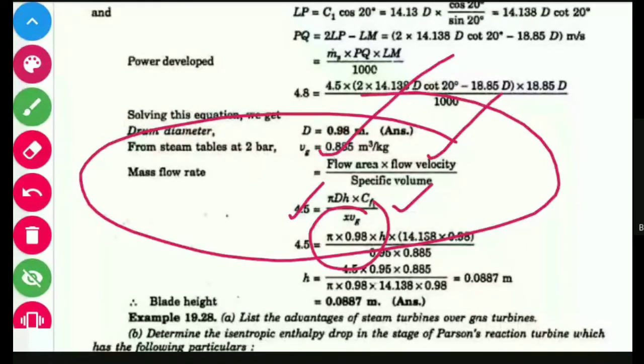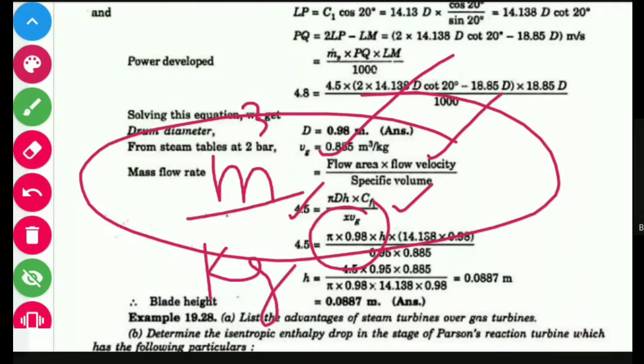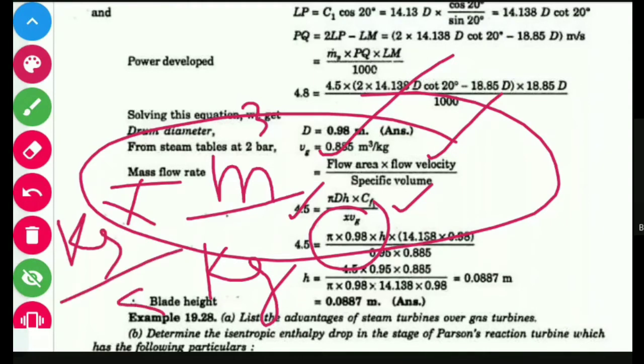What is the unit for specific volume? It is meter cube per kg. Mass flow rate is in kg per second, flow area in meter square, and velocity in meter per second.